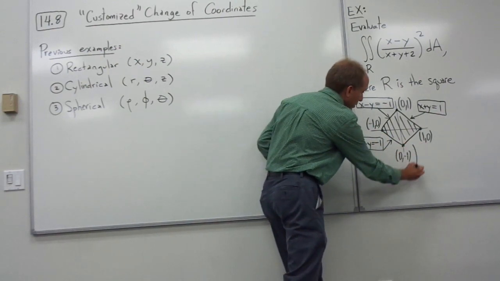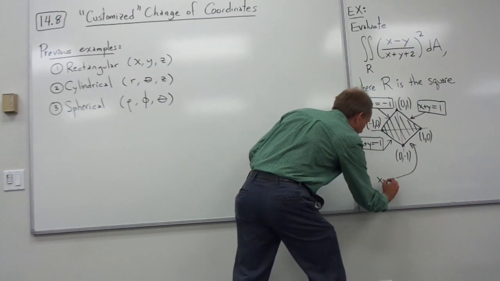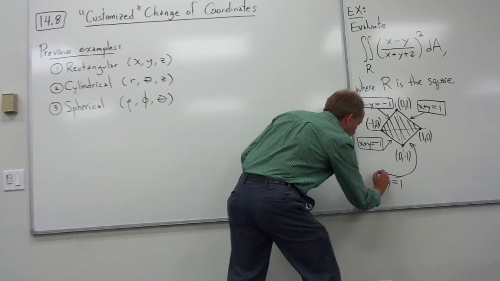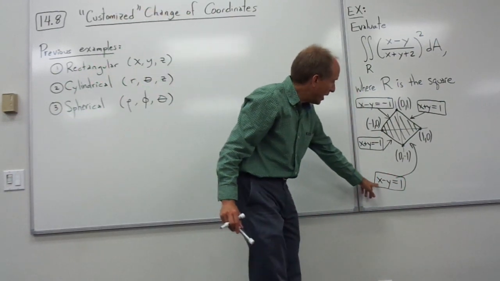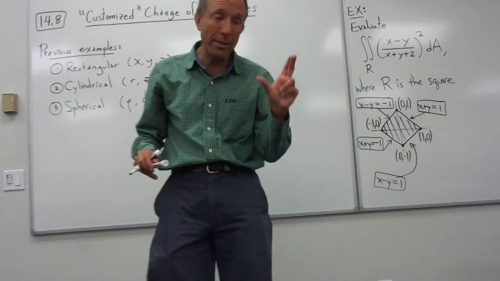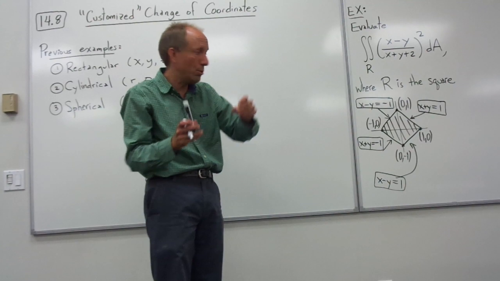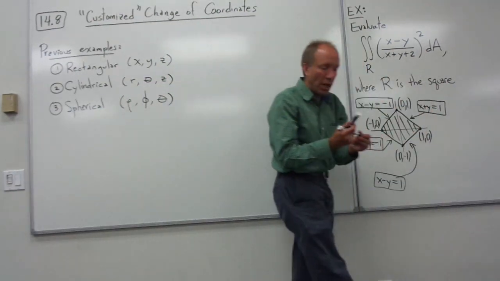And the one on the bottom right is going to be x minus y equals 1. You can check me on all of those equations. Each one of them is a line, and of course it has 2 points that we can use to create the equation. Those are the equations of those 4 lines.